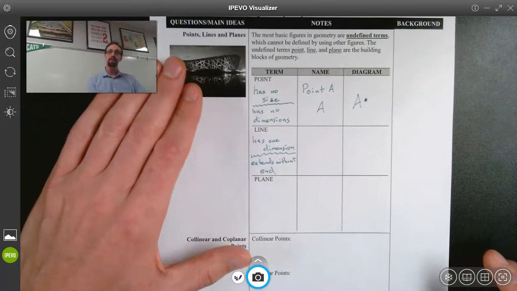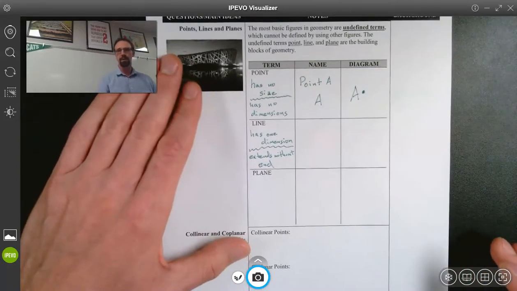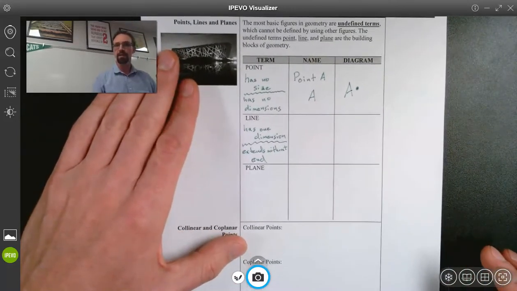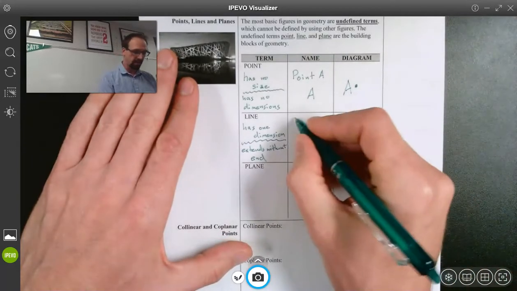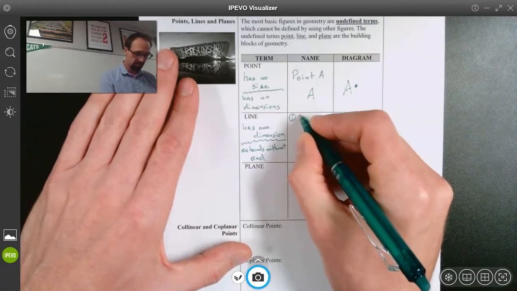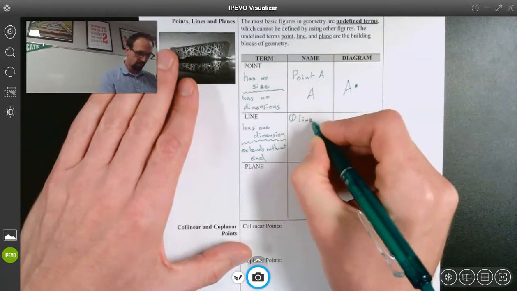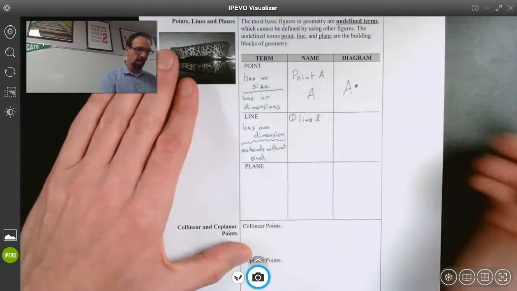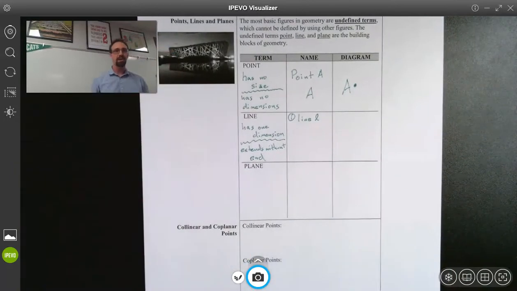We can actually name lines a few ways. One of the ways we can name lines is line L. So line L. Notice how I made an L. That's actually a cursive letter L.